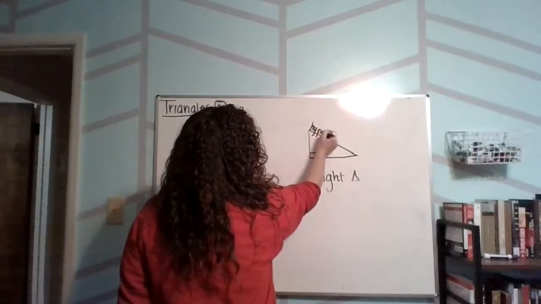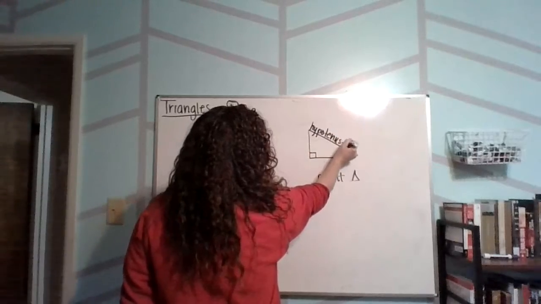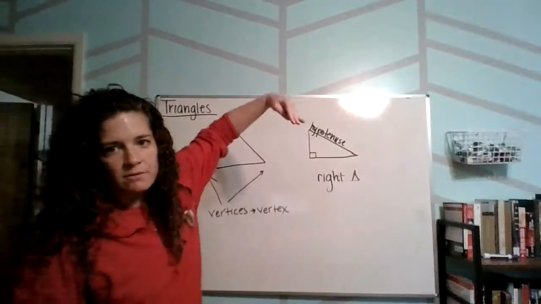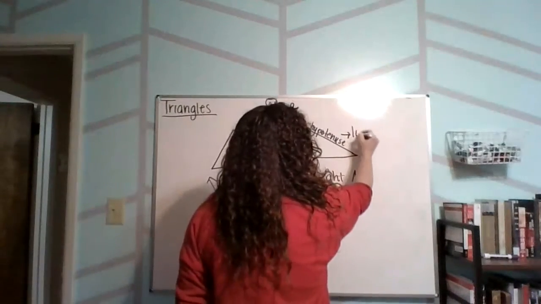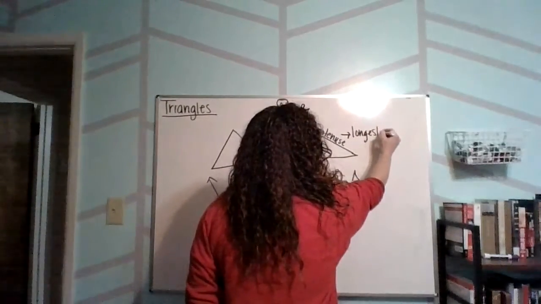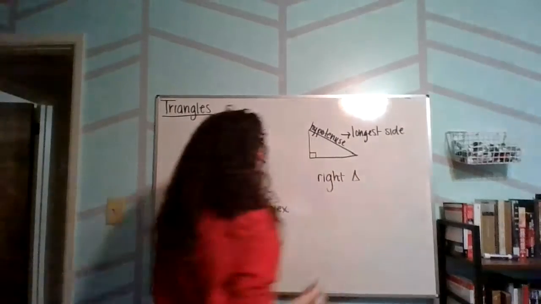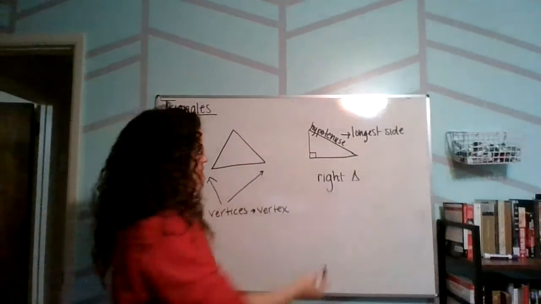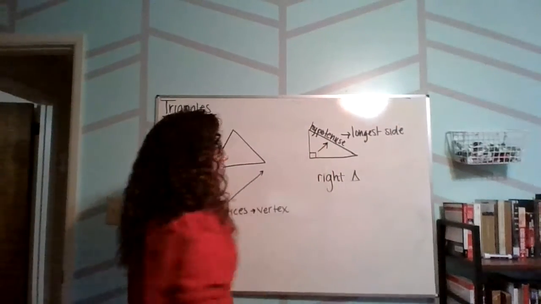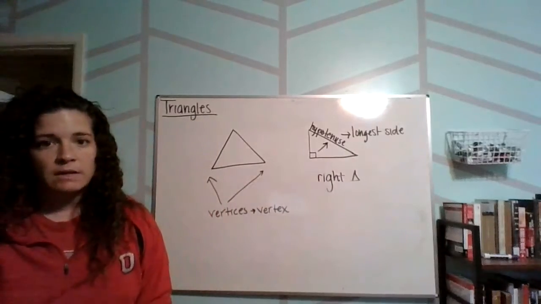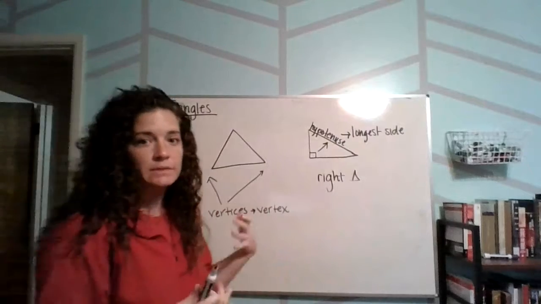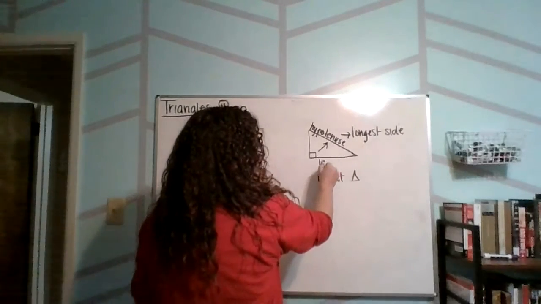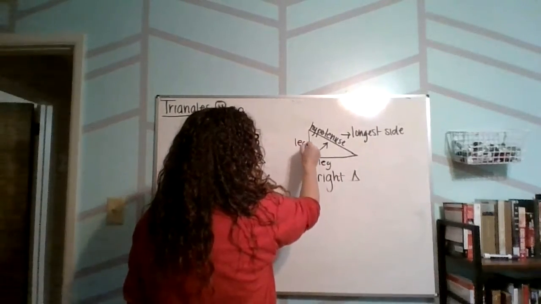If you've seen those posters where there's a hippo that lays down on that slant, that's the hypotenuse, which means it's the longest side. The way we can tell it's the hypotenuse is because it's across from the right angle. Now, the other two sides of the triangle are called the legs. So this is a leg, and this is a leg.